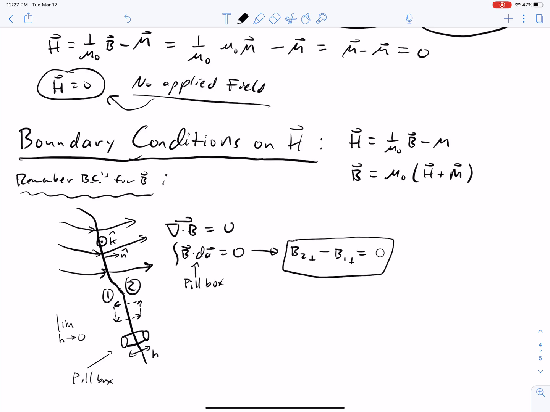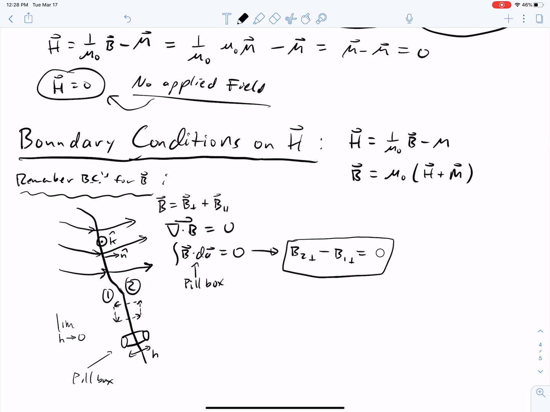And then for the other one, remember an important point is that we had to write B equal to B perp plus B parallel, where this is the perpendicular component to the interface and the parallel component to the interface.